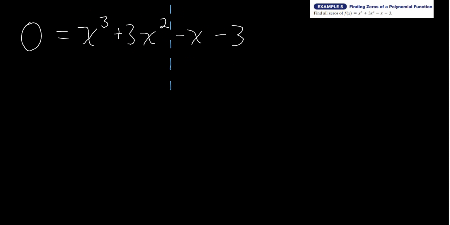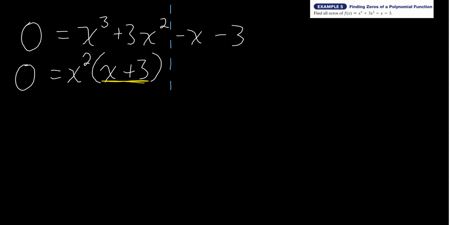So what we're going to do is factor the left side of that dotted line. What can I factor out of there? It looks like I can pull out an x squared. What remains looks like x plus 3. Now the whole point of factor by grouping is to make sure what's in these parentheses are the same.